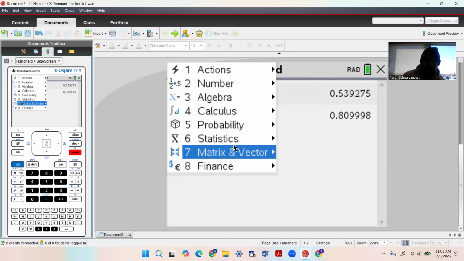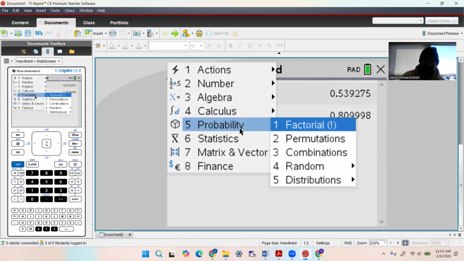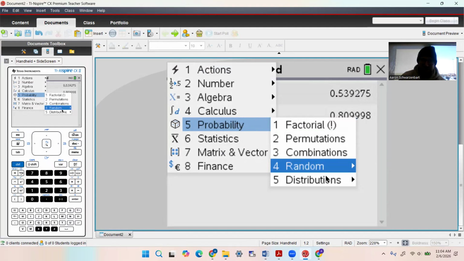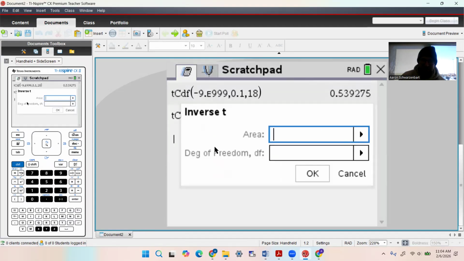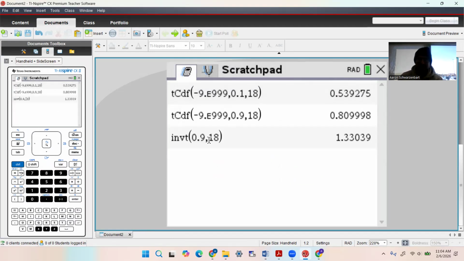Maybe I probably have to use inverse T for this one. I'm looking at the table backwards. Inverse T, area 0.9, degrees of freedom 18. Is it 0.9 or is it about 0.1? There it is. So 0.9 to the left.